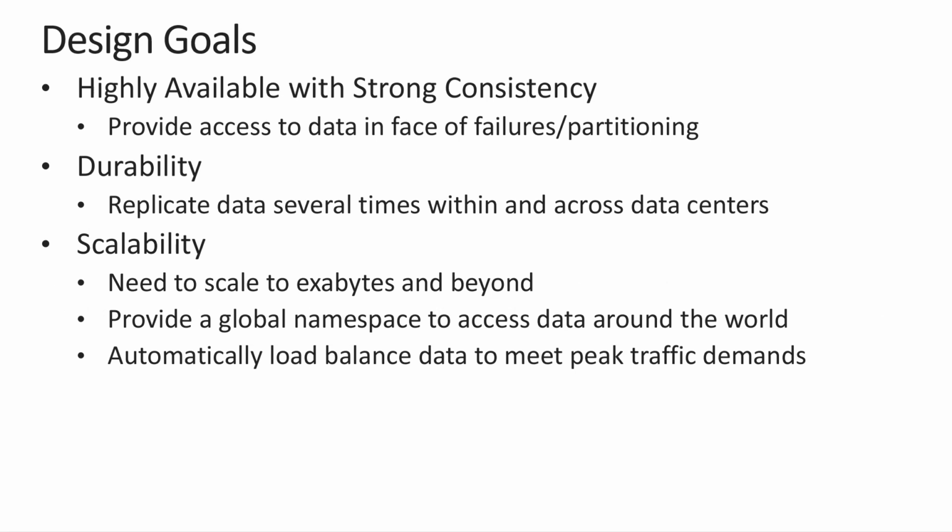Before we go there, these are the design goals that any large-scale distributed data storage system should fulfill: it should be highly available, and it should provide strong consistency. Strong consistency is something which a data storage might provide or might not provide. It might provide eventual consistency, but this data service provides strong consistency as well.